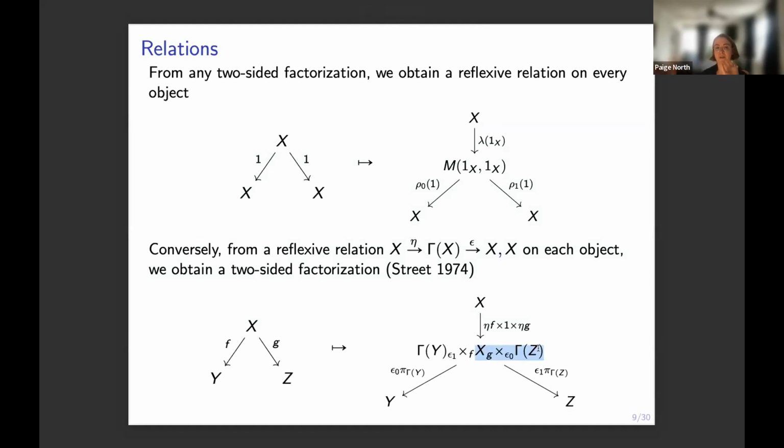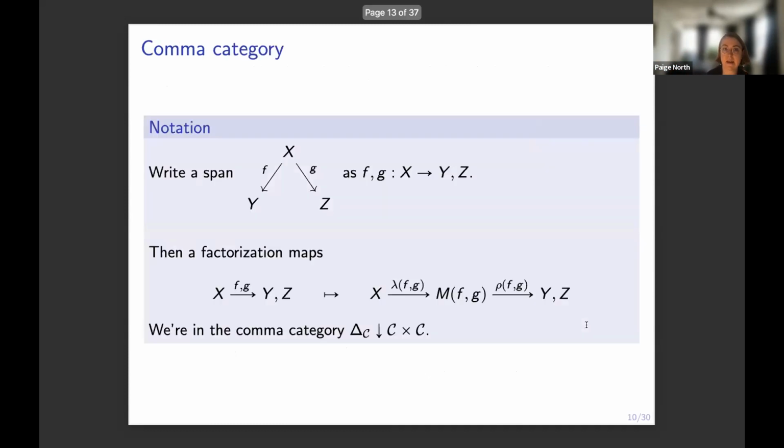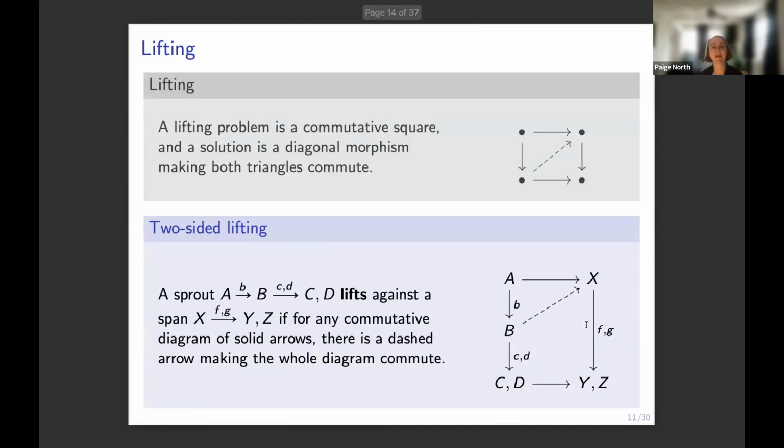But since I have this two-sided thing going on, I'm taking a path in Y that ends at a point in X, and then a path in Z that begins at that same point. And this we can think of as the collection of all those kinds of paths, with the projection here to the beginning point of these paths and the projection here to the end points of these paths. Okay, I just went over this slide.